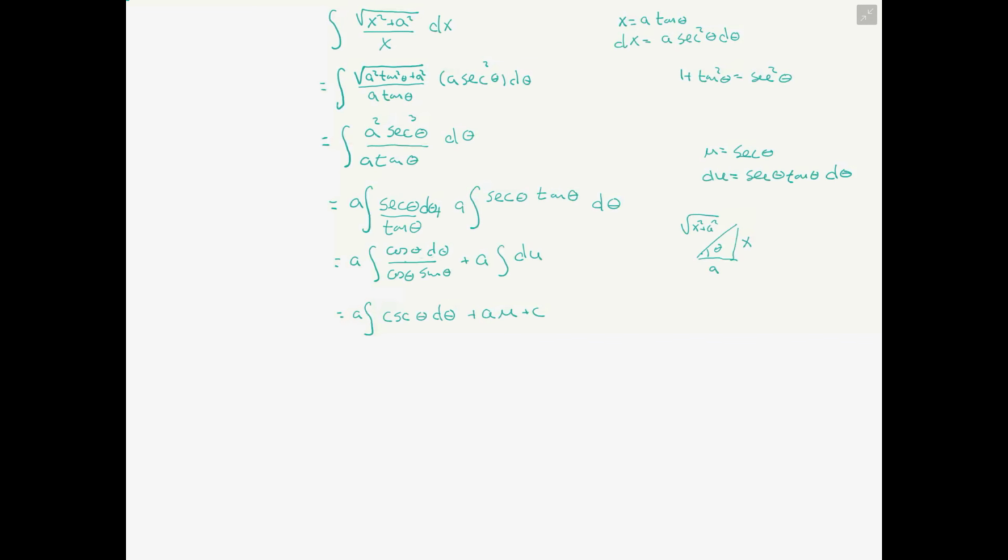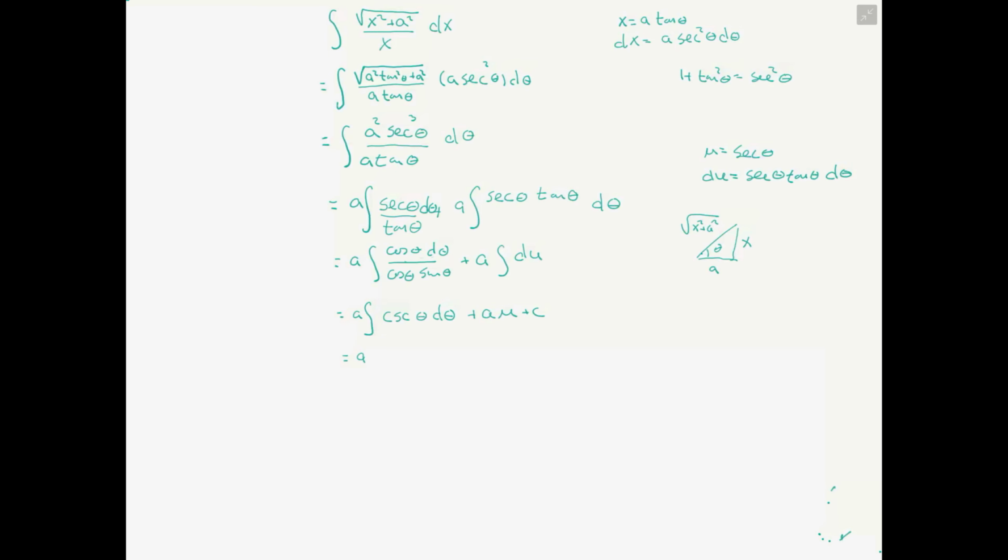Well, I'm not quite ready for the substitution back into x yet, but I have to integrate the cosecant squared theta. And I do that in a similar fashion as what we do with the secant of theta, by multiplying across by cosecant theta plus cotangent theta, both numerator and denominator.